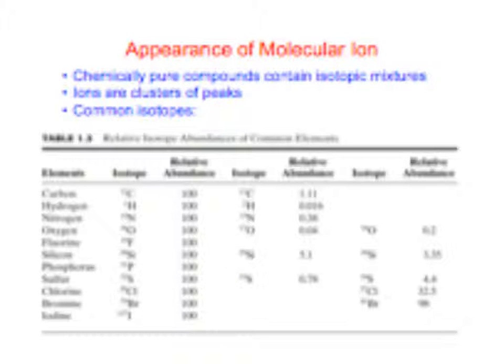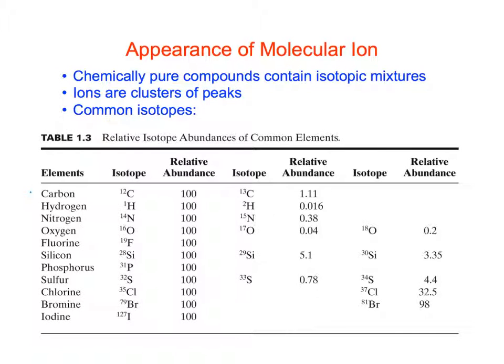So here are some common isotopes that we can observe. Carbon, right, we've already talked about carbon isotopes, because we know that C13 has a 1.1% abundance. And that's what we were observing in C13 NMR.